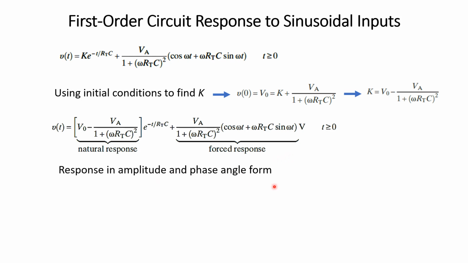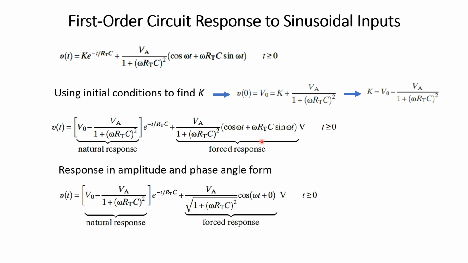Response in amplitude and phase angle form: from chapter 5, we know that we can express it in this form. This is the amplitude and this is the phase angle. This is only one sinusoidal function, whereas we had a sum of two sinusoids. You know that we can express it in this form, where theta is tan inverse of minus b over a.